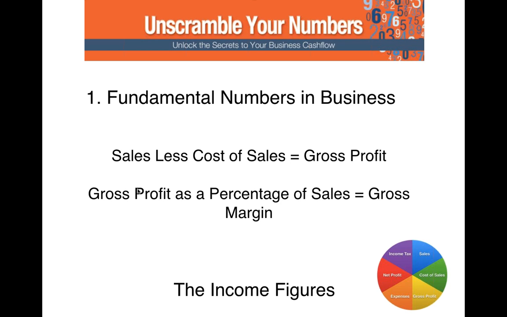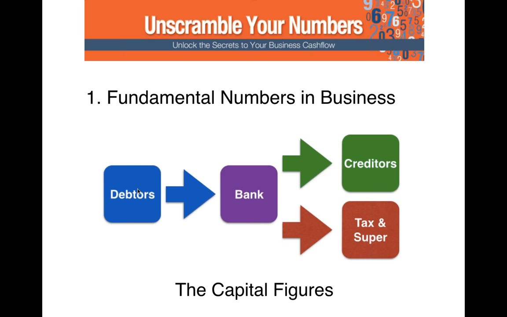So the gross margin is a number that is extremely vital to making sure you're going where you want to be going. The other fundamental numbers in business are what I call the capital figures. These are typically things you'll see in the balance sheet, and they relate to what's going on in your bank account. The first set of figures is the debtors. Debtors is another word for accounts receivable.